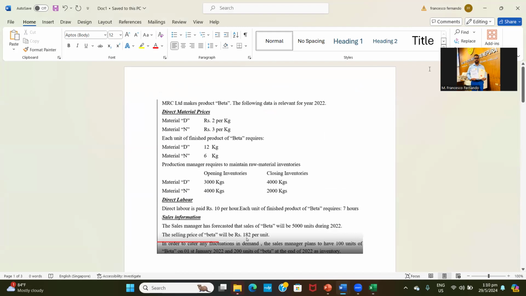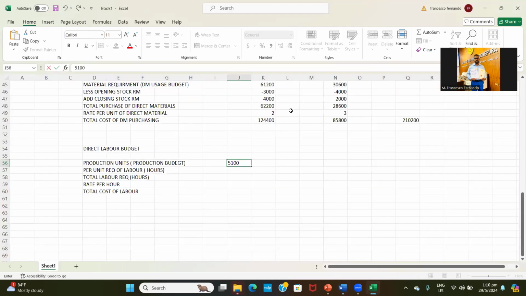If you multiply 5,100 by 7, it will be 35,700. If you multiply it by the rate per hour, it will be 357,000 rupees.